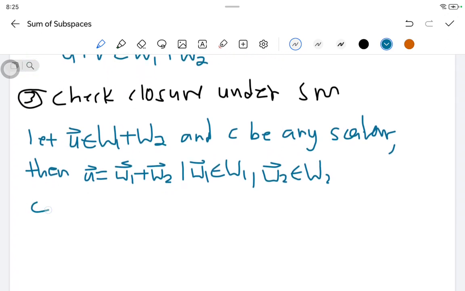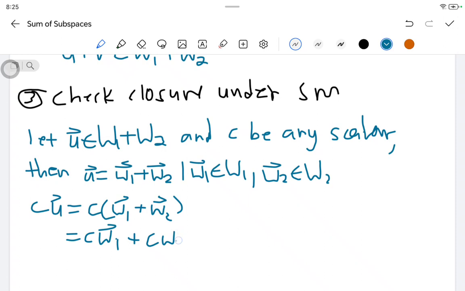So c u will be equal to c times (w1 plus w2), which equals c w1 plus c w2.